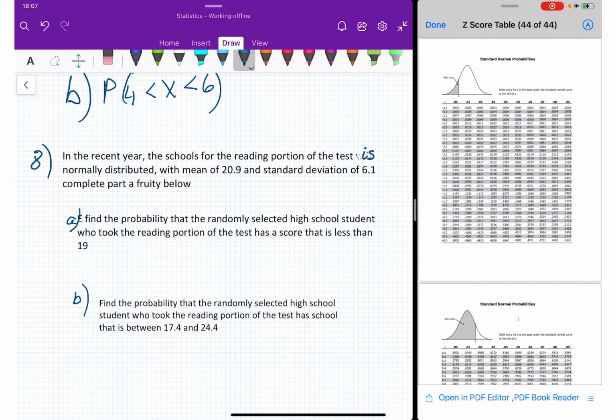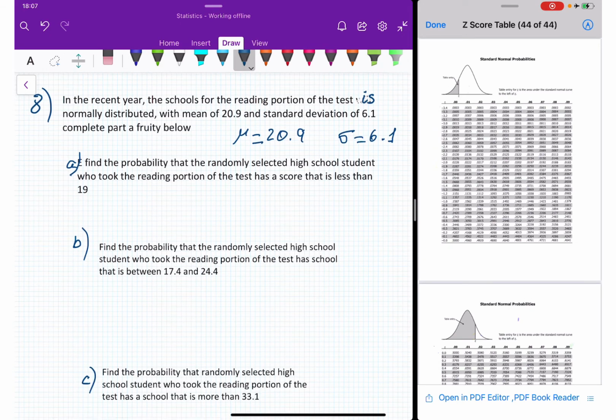So let me write down mean 20.9 and standard deviation is 6.1. Okay, find the probability that a randomly selected high school student who took the reading portion of the test has a score that is less than 19. So x is less than 19.